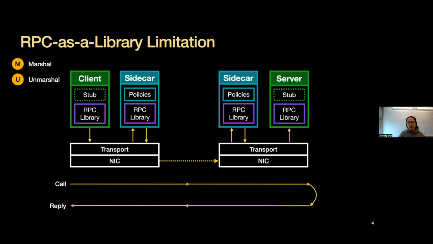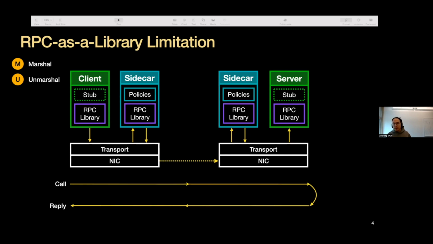Now the problem is if you use this kind of RPC library with a sidecar proxy in a service mesh setting, it incurs a lot of overheads, as already pointed out by prior papers. The key problem is it incurs a lot of marshalling and demarshalling overhead.